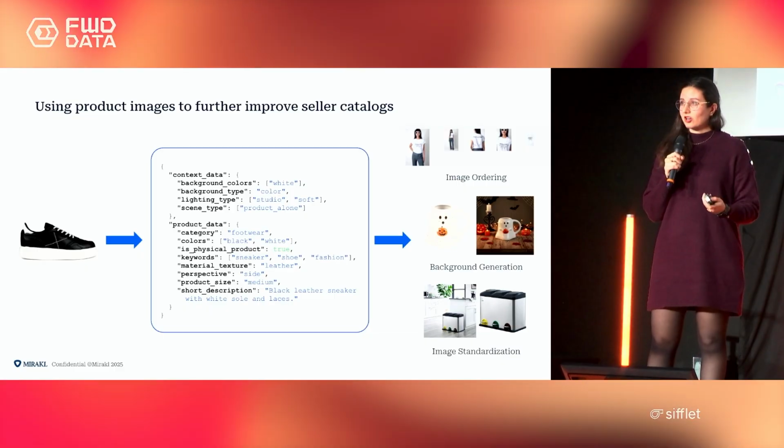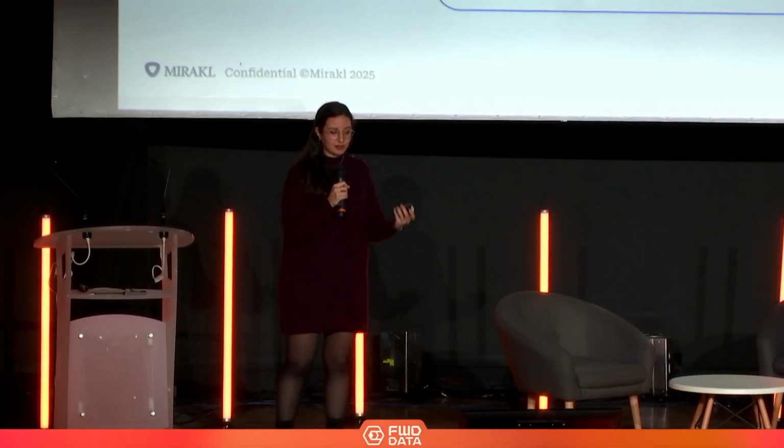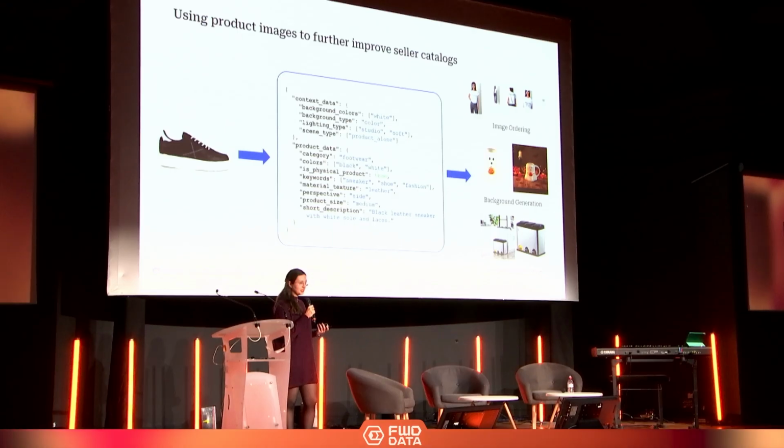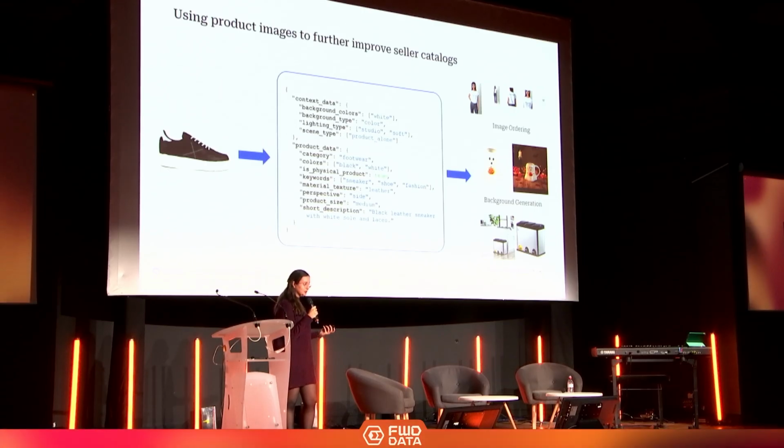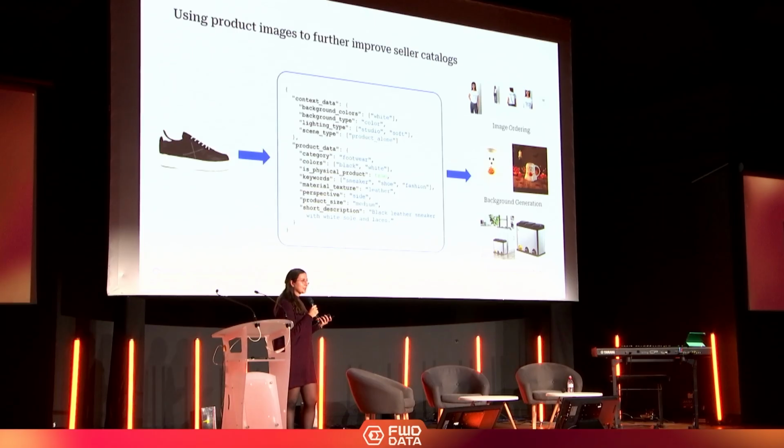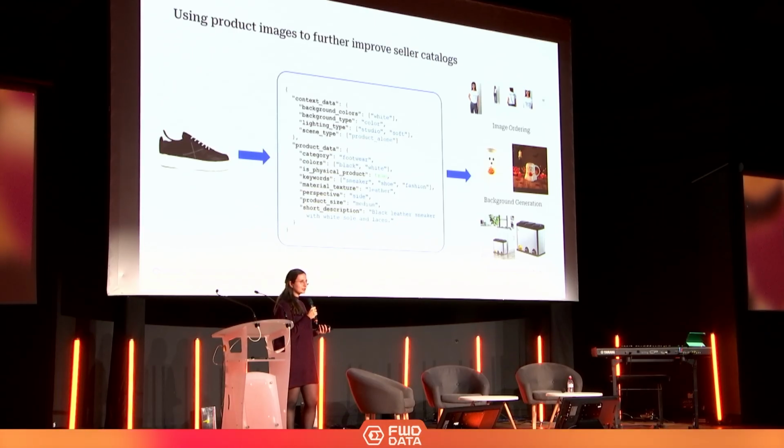And this structured data, once extracted, can fuel a lot of downstream GenAI use cases, such as image ordering, background generation, and image standardization. But technically speaking, how do we make this work at scale?